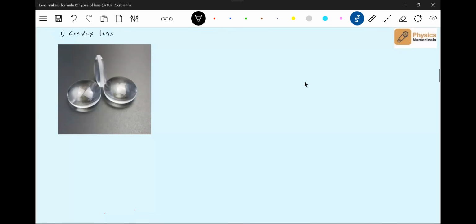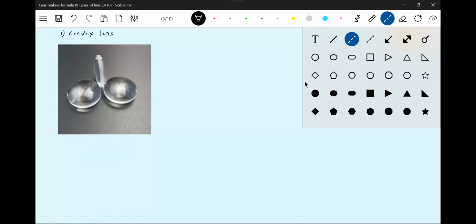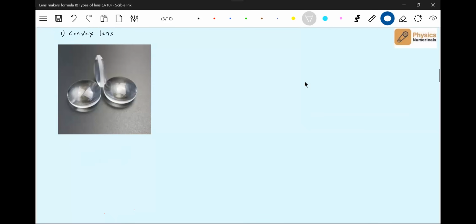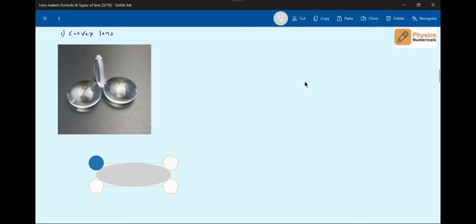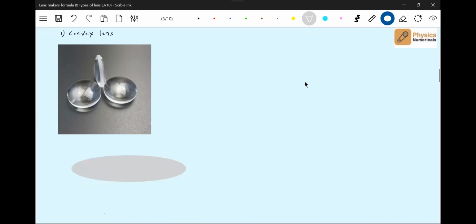It's a bulged one, similar to a puri. The lens will be a bulged one.